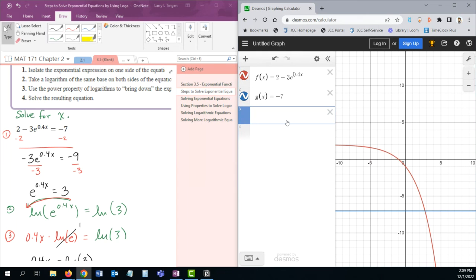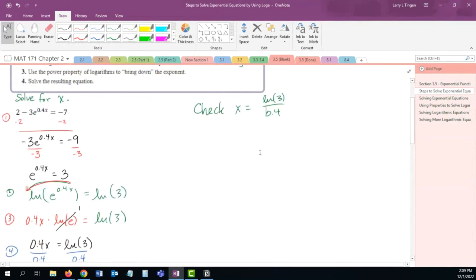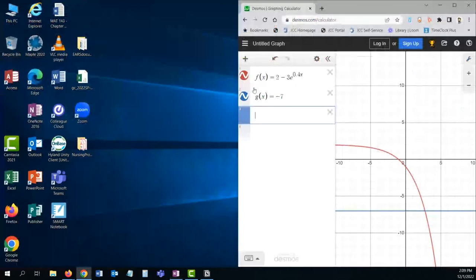Since I've got my left-hand side and right-hand side up here, what I want to do is find out, do f of x and g of x equal each other when x is the answer that I'm checking? So are f of x and g of x equal when x is equal to the natural log of 3 divided by 4/10?